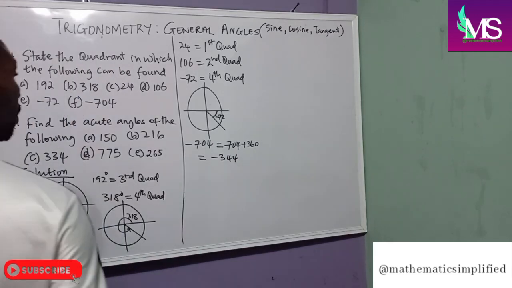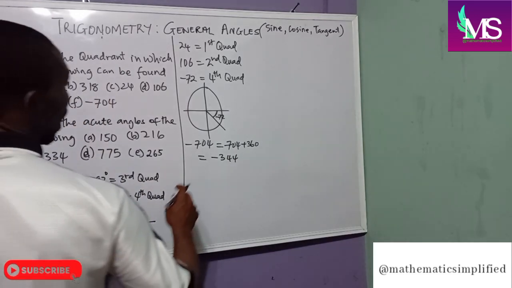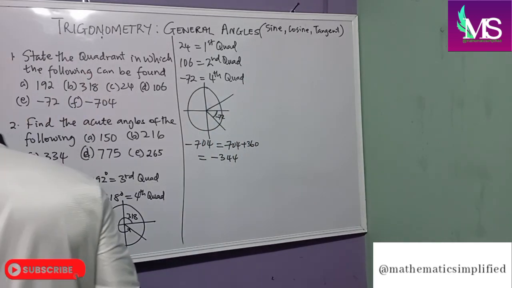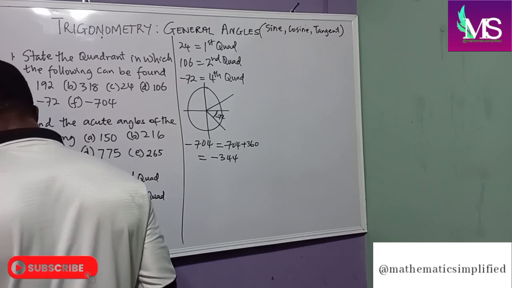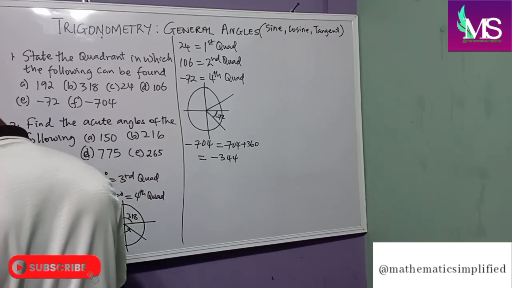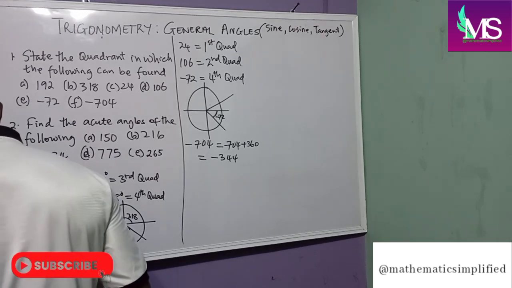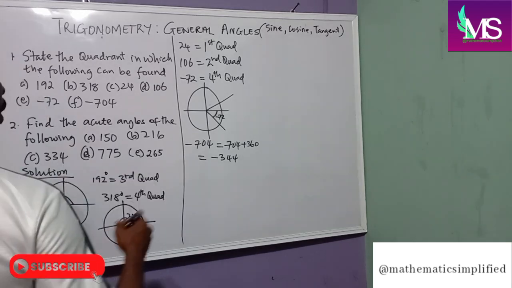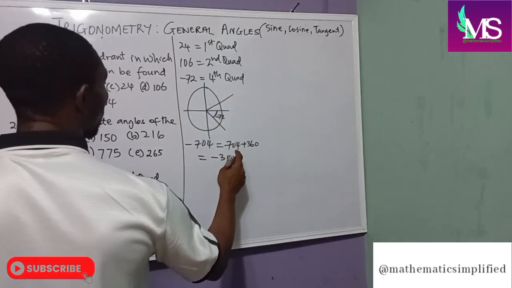Now, if we do minus 344 on this, we'll see that it falls within the first quadrant. So minus 704 will lie in our first quadrant.